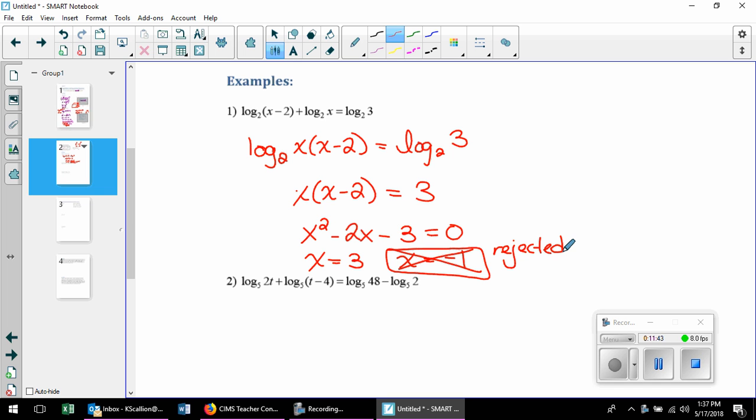Right, but it's only worked out in the single log version. If you go back up to this one, it doesn't work in the expanded version. Because it's a negative times a negative, so it's going to work in the single log.